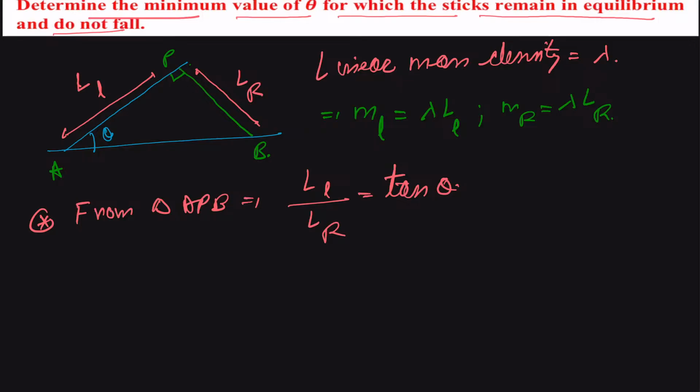With respect to mass also we can write this equation: the mass of the left over the mass of the right is equal to tangent of theta. So we can write this equation from the right angle triangle.